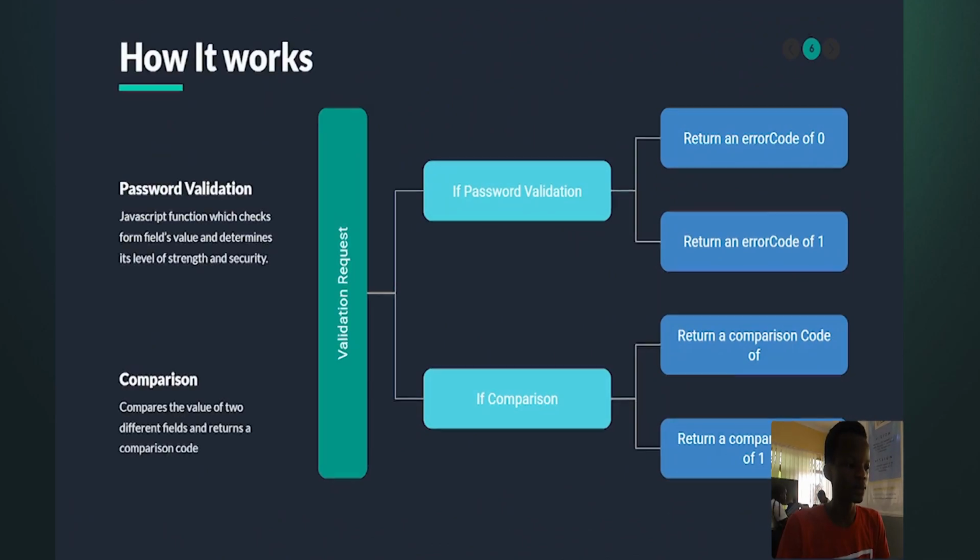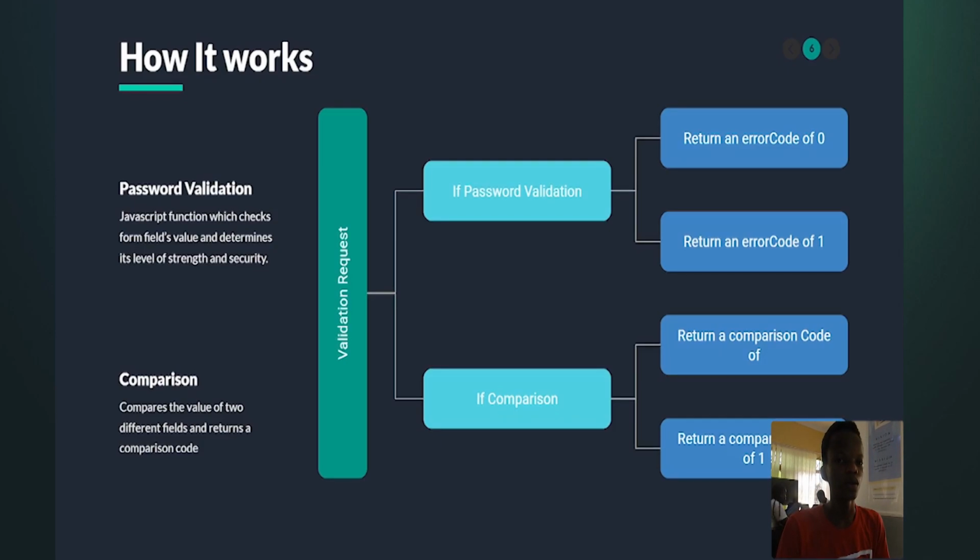Now, how it works. For Setifi, we have two different main functions, that is the validation and comparison. The validation is a JavaScript function which checks a form field value and determines the level of strength and security.